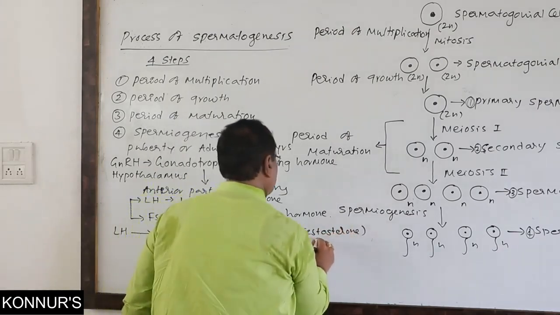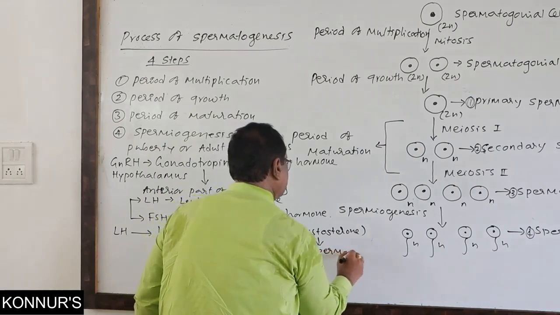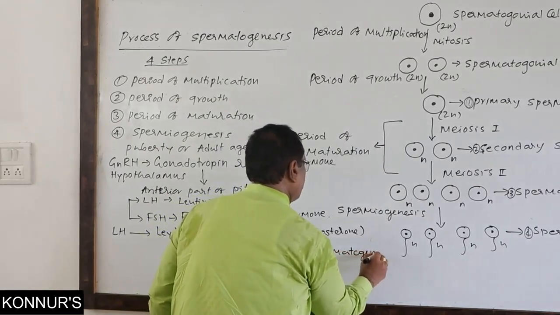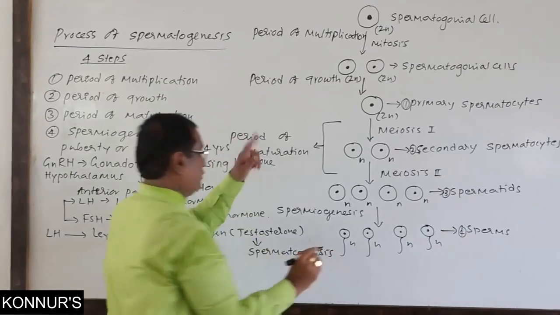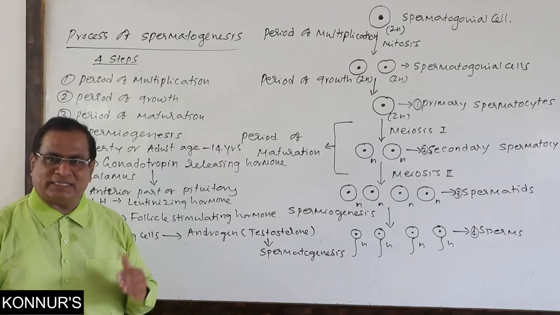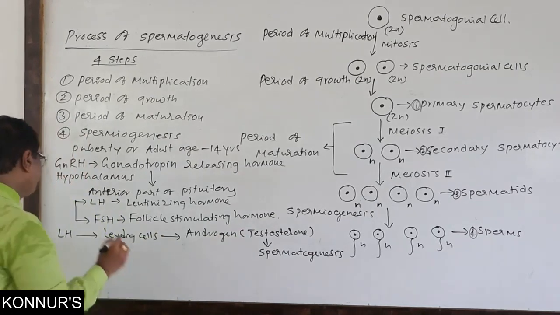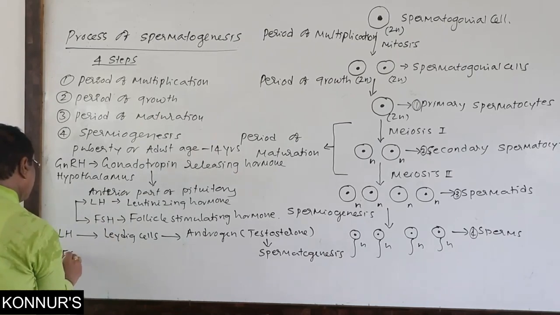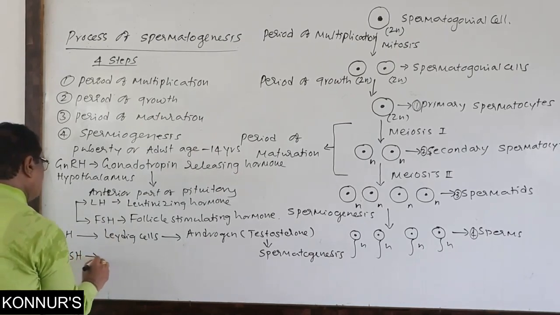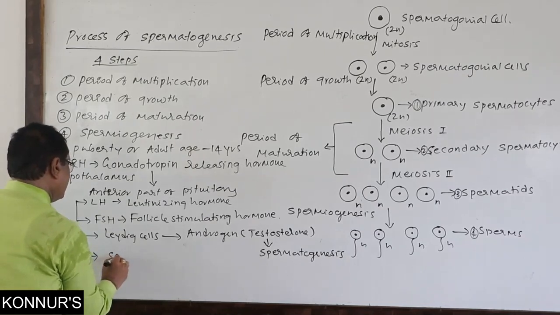This testosterone helps for spermatogenesis. This spermatogenesis process will be started by this testosterone. And this FSH stimulates Sertoli cells.